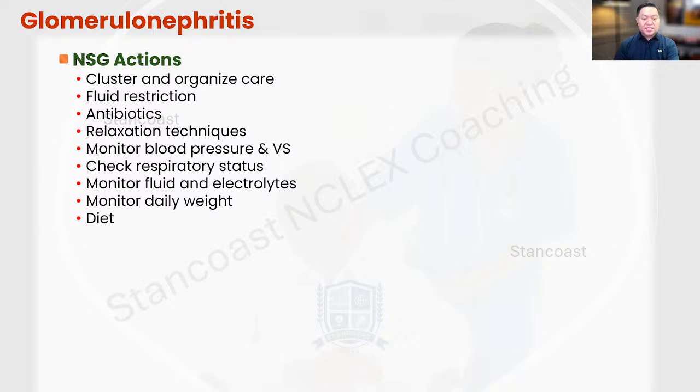Now, another thing is the diet. So here we're going to think about the protein restriction, especially if there is oliguria. If there is a decreasing amount of urine output, less than 30 cc's an hour, so maybe it's only 15 cc an hour or 20, that is already oliguria. And if it's a severe form, maybe only 100 mLs in 8 hours, that is very significant, right?